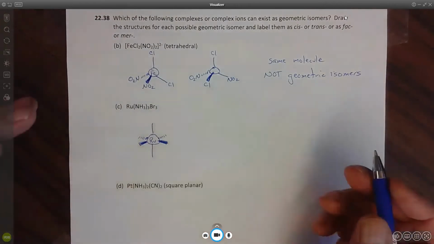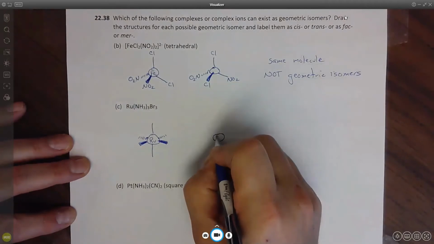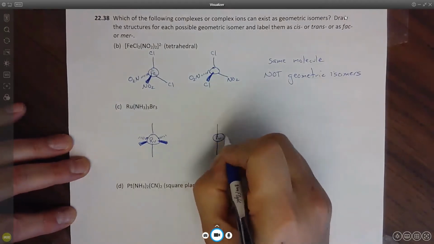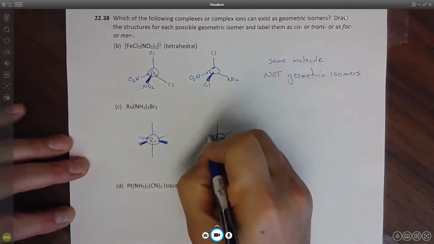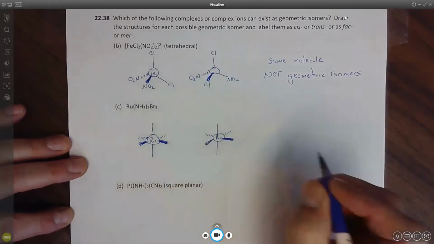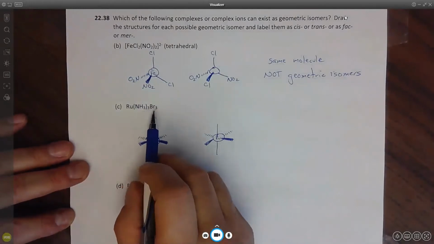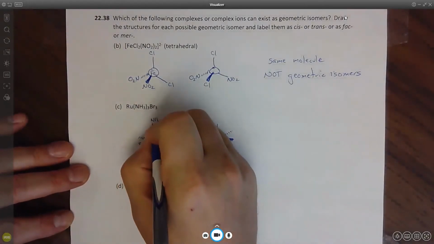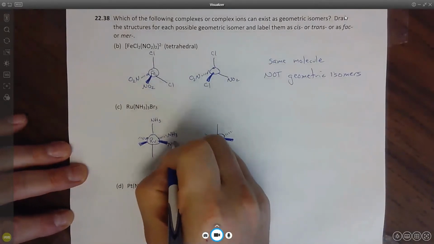And since again, we're talking about isomers, let's just draw the other structure real quick. Okay, so we have the 3 ammonia. So let's go 1, 2, 3.